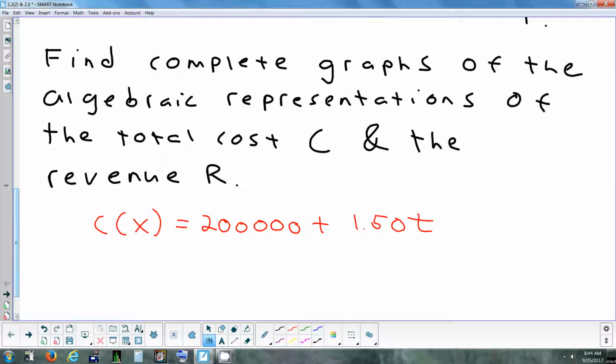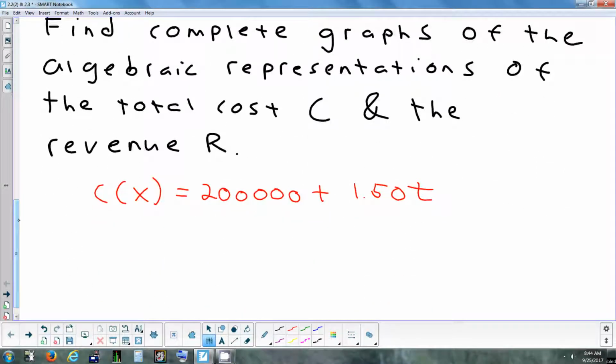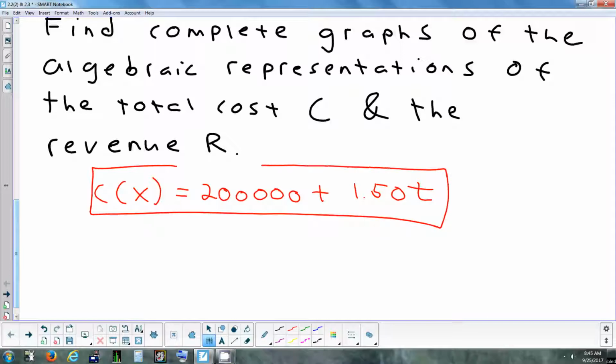Where T represents, what is T? T-shirts. Okay, so T is how many T-shirts they've made. Okay, so there's your cost. And I had put X because I thought we were going to use X, but T is fine. And revenue as a function of T-shirts. Can anyone give me a formula for just the revenue, how much money the company takes in? Jay? 4T.